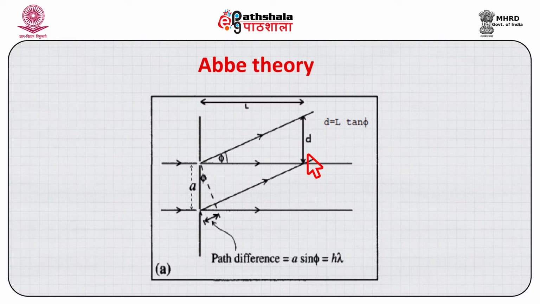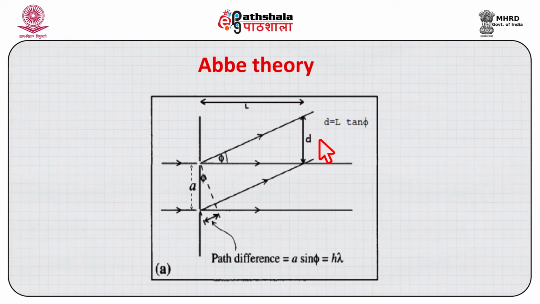The distance between where the light is getting diffracted and where the image is forming is marked as capital L here. The distance between the images of the two openings is marked as D. Now, we see something very interesting: if an image is to form, there has to be a constructive interference between the two diffracted beams shown here.